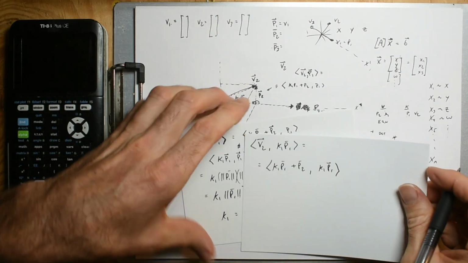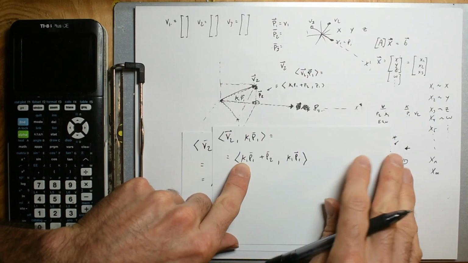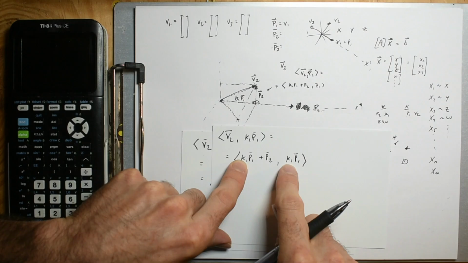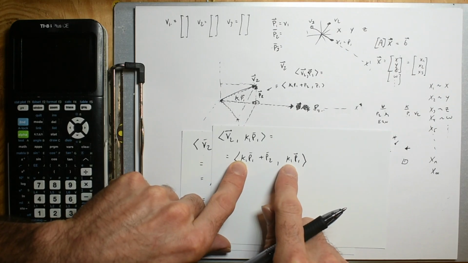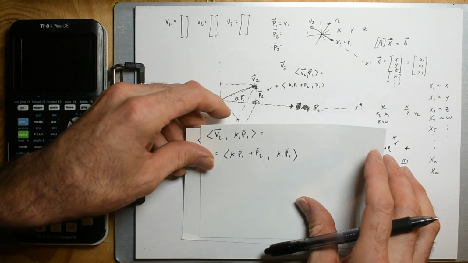And just a foreshadow, this is probably going to work out. It seems like we're going to have a K squared. I don't know, but let's check it out.